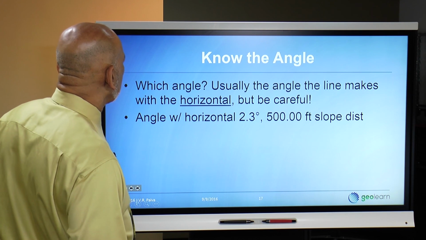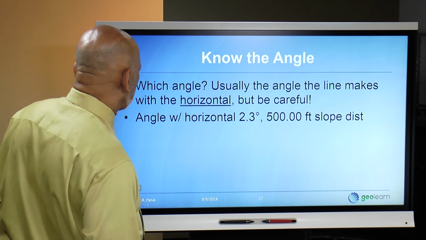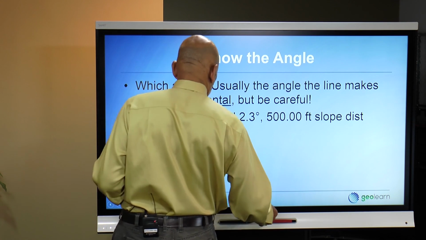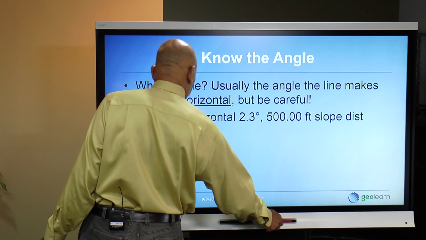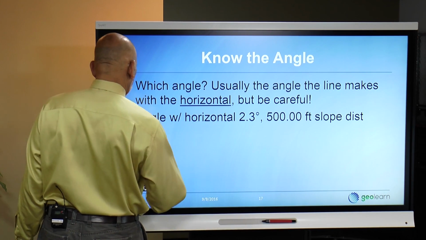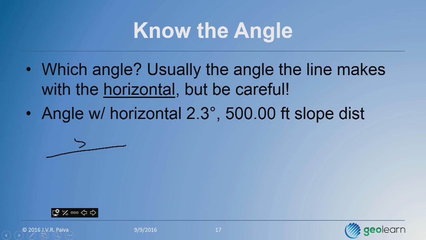And finally, if you know the angle, well, the first thing you need to ask is which angle. So you should be getting some kind of information. And so in this case, let's say we have a 500-foot distance, and we're told that the angle with the horizontal, meaning this angle here, is 2.3 degrees. I intentionally kept it simple by keeping it at decimals. I could just as easily have said 2 degrees 18 minutes, which by the way happens to be 2.3.